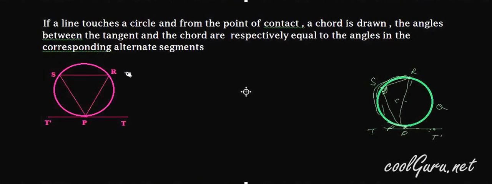Now coming back to this theorem, if a line touches a circle at say point P, and from the point of contact P a chord is drawn PR, then the angles between the tangent and the chord, this angle, are respectively equal to the angles in the corresponding alternate segment.